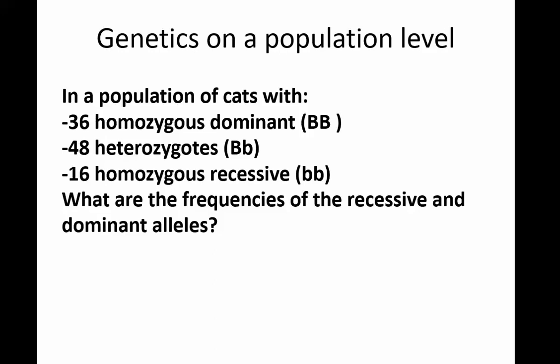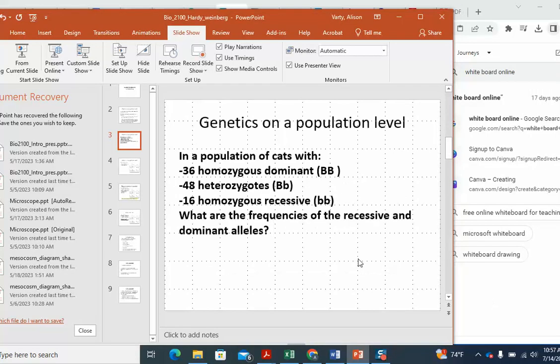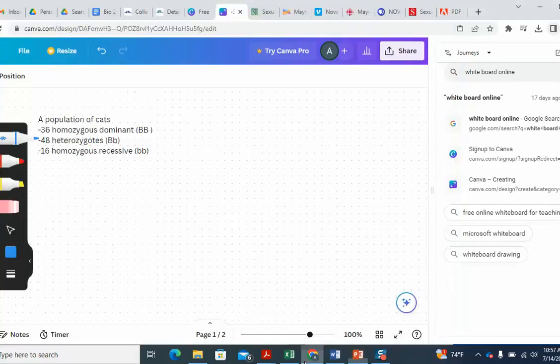It's really pretty easy to calculate the dominant and recessive allele frequencies in this population. Like we just talked about, there's going to be 2 of the dominant alleles in each of the homozygous dominant individuals. So that would just be 36 times 2.